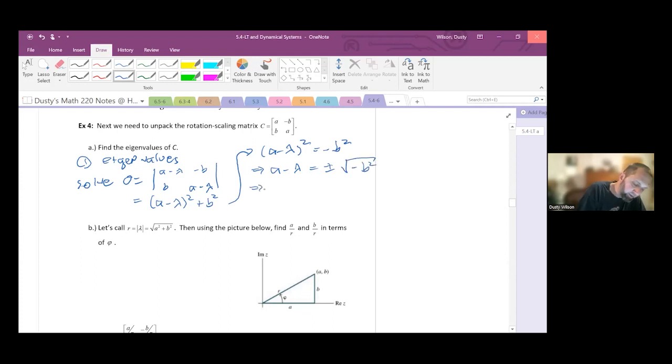So this tells you that A minus lambda is equal to plus or minus i times the absolute value of B. Remember, the square root of a square is the absolute value of the quantity. And then we could solve that for lambda. So we would get that lambda is equal to A minus or plus i times the absolute value of B.